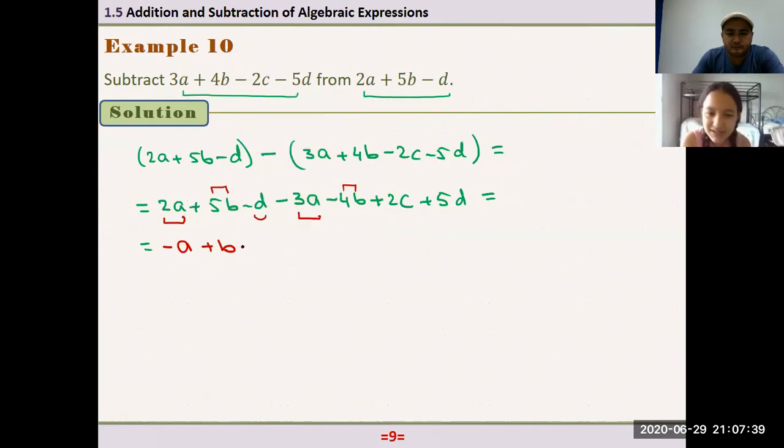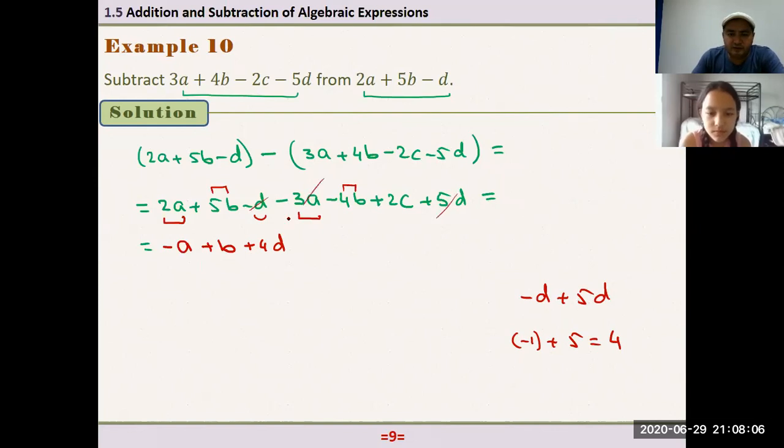This is minus, this is plus, opposite signs, so we have to subtract. Negative 1 plus 5 is equal to 4, so here we have plus 4d.